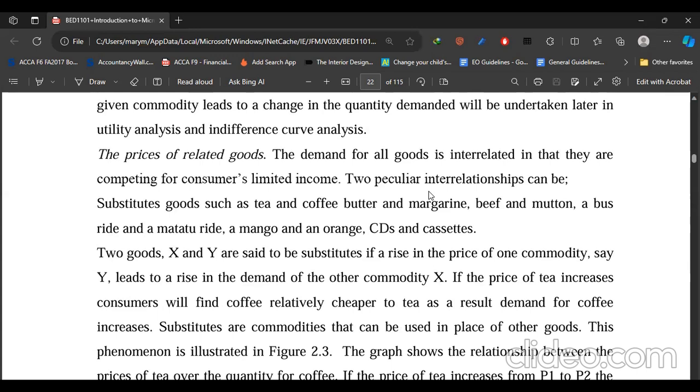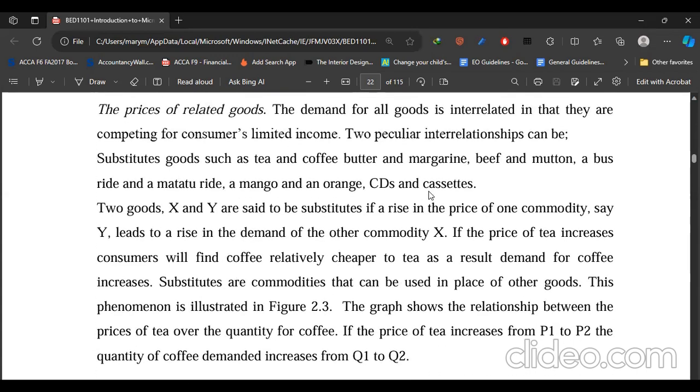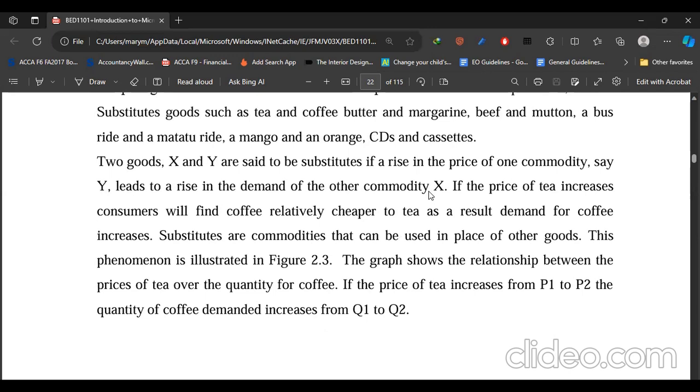So two goods, X and Y, are said to be substitutes if a rise in the price of one commodity, say Y, leads to a rise in the demand of the commodity X. If the price of tea increases, consumers will find coffee relatively cheaper than tea. As a result, demand for coffee increases. A substitute is a commodity that can be used in place of other goods.